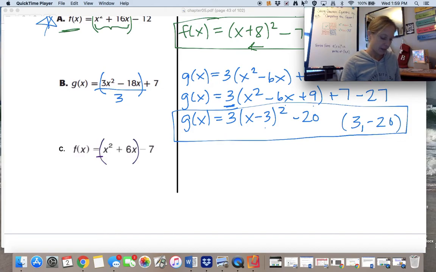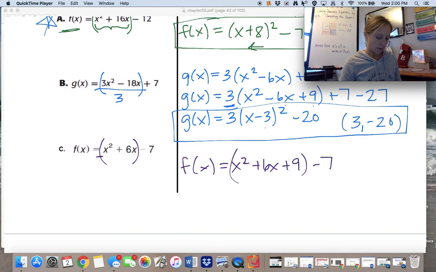All right, separate variables and constants. Now I'm ready to complete the square. I ask myself, what is half of 6? 3. What is 3 squared? 9. So x squared plus 6x plus 9. I've got my -7 there too.